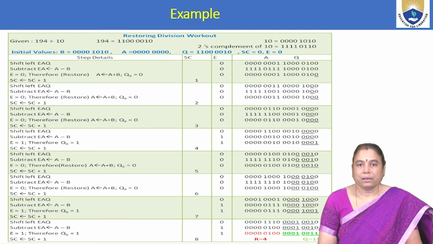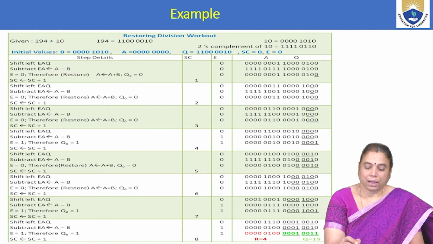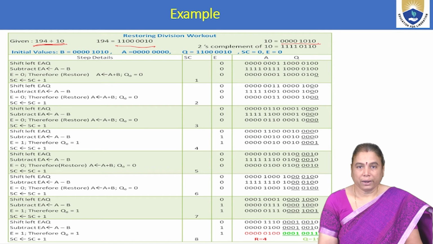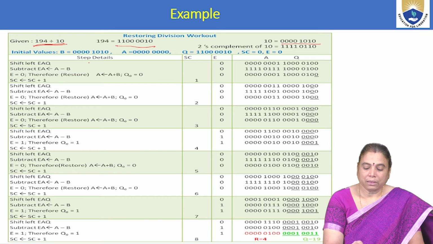So let us consider with an example how restoring division works. We take the example 194 divided by 10. So the binary values of 194 and 10 in 8 bits can be considered.